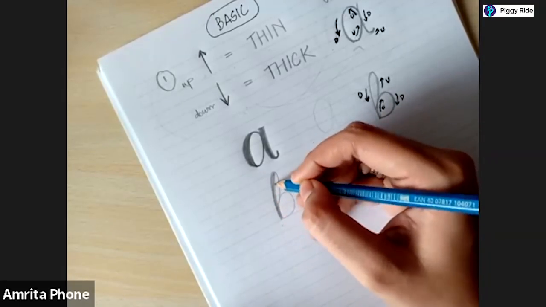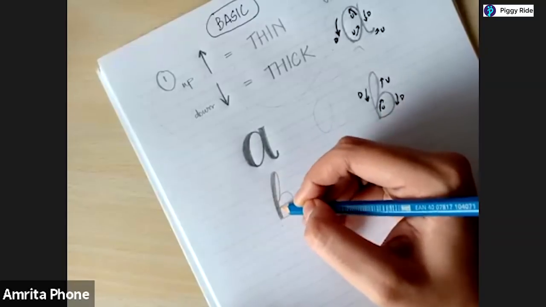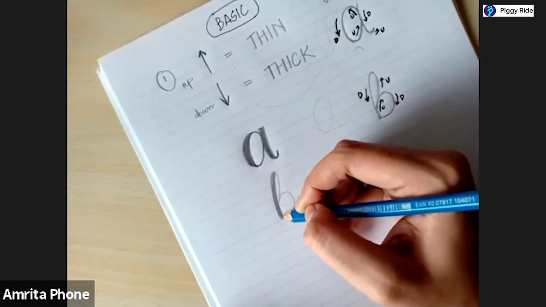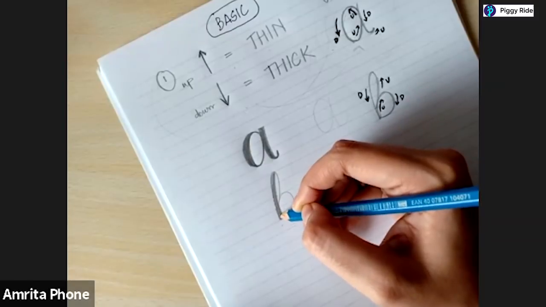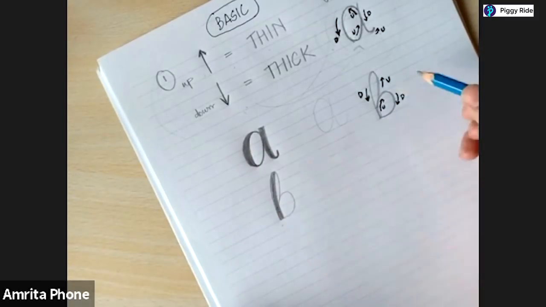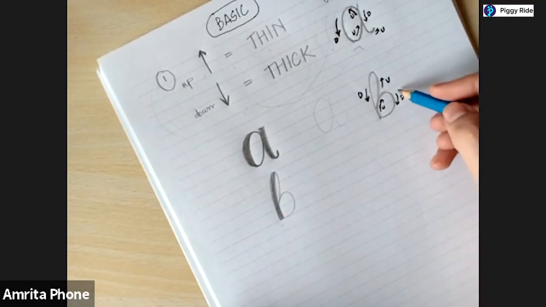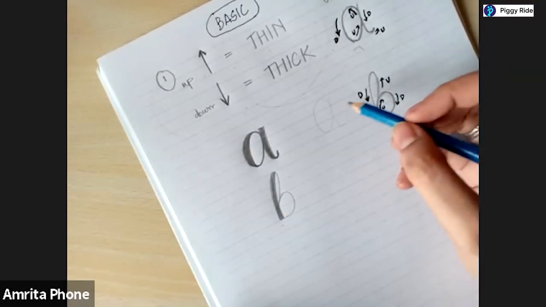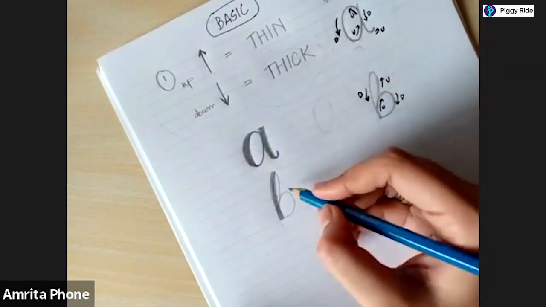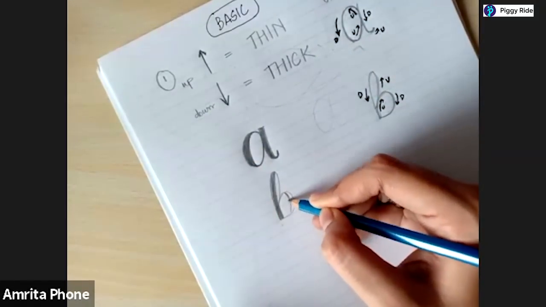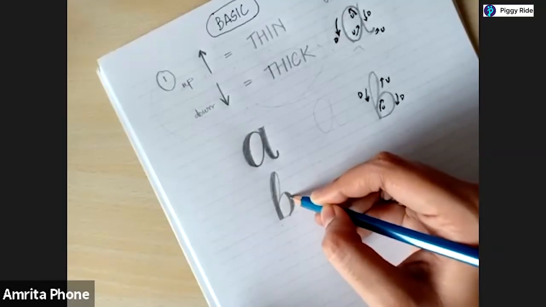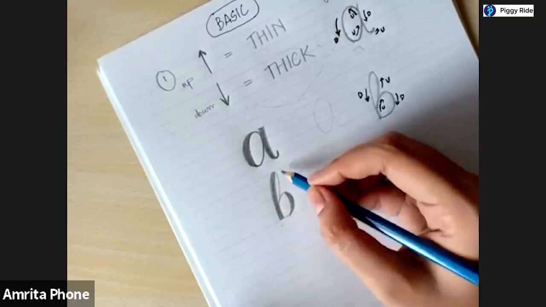The downstroke, you will double it up and color it in. Then upstroke, we are leaving it alone. And downstroke, again, we are going to thicken. So we are doubling it up, right?